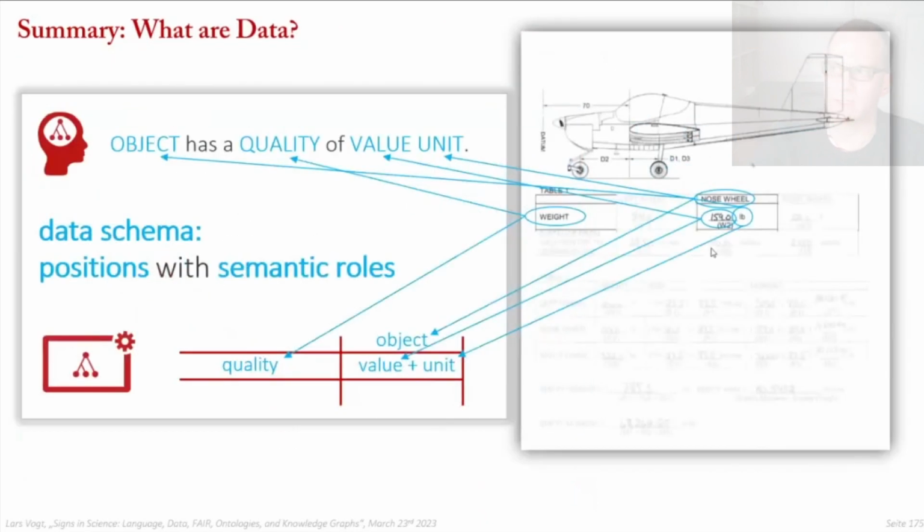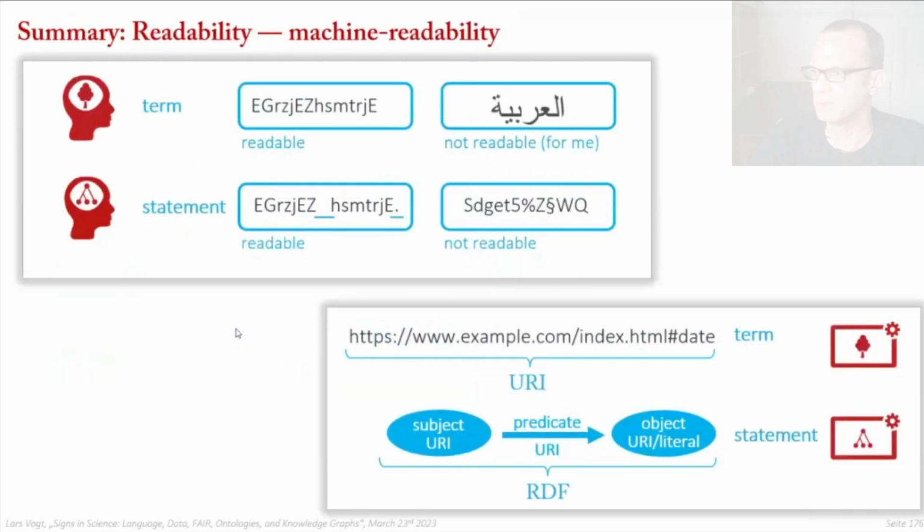Then we talked about what data are, and that data schemata are basically the same as syntax trees. Both have their positions with associated semantic roles, and both are important for humans and machines to make sense of statements. And data are basically statements, just formalized.